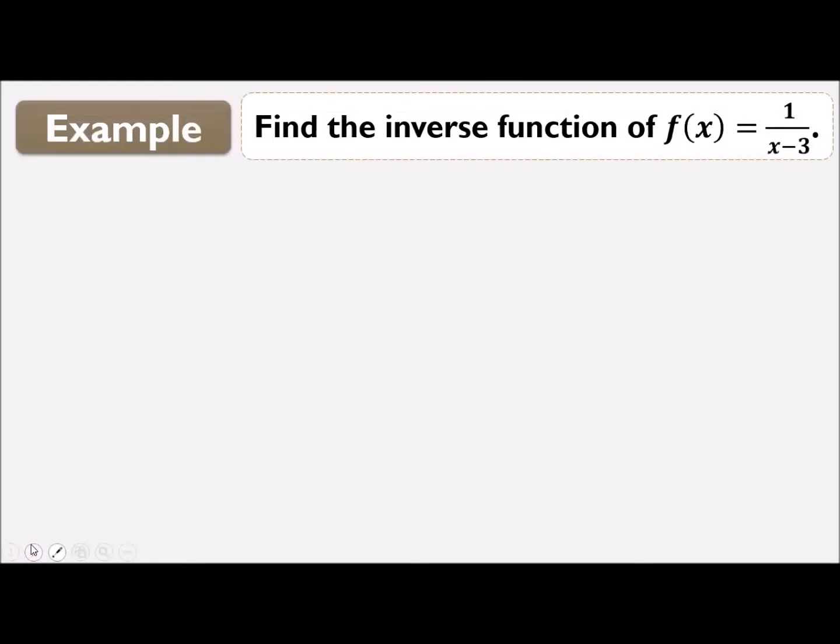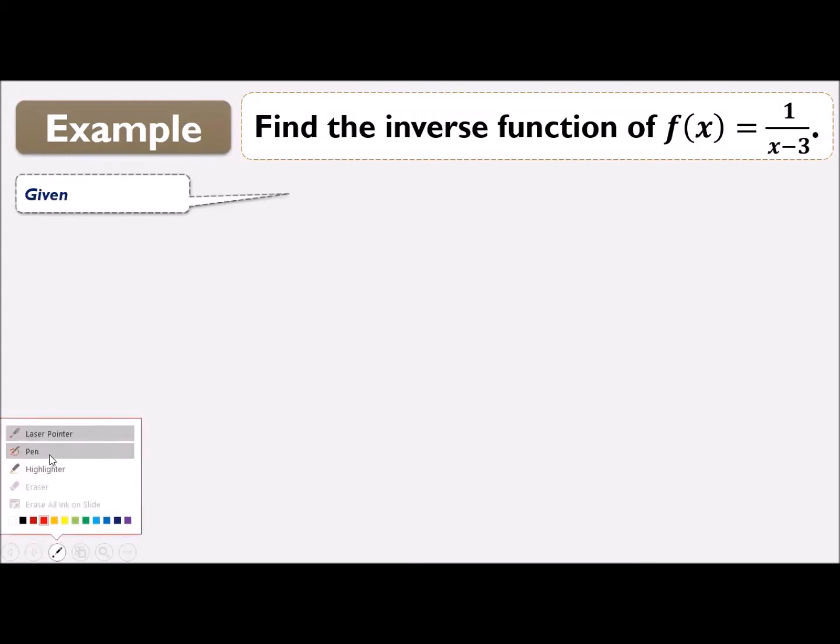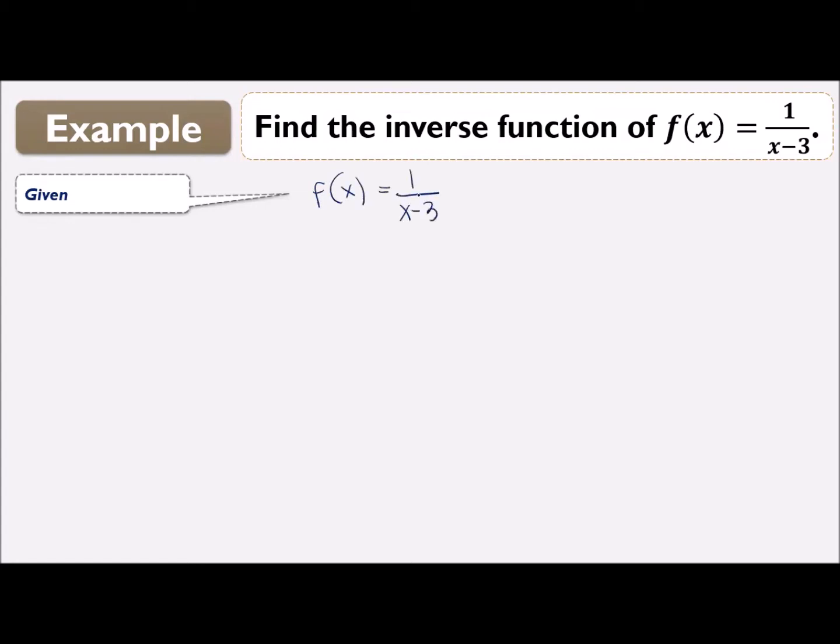Find the inverse function of f of x is equal to 1 over x minus 3. So sundan lang ulit natin yung step-by-step process. First one, we're going to copy the given. So we will have f of x is equal to 1 over x minus 3.